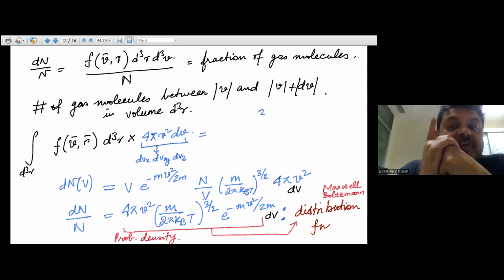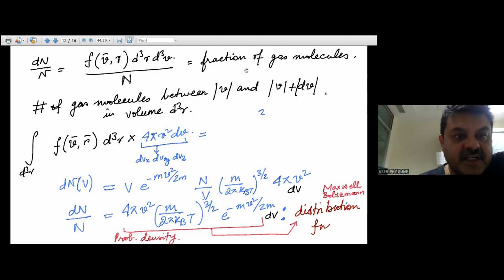R vector, v vector, where it is implied the velocity is between v and v plus dv. The position is between r vector and r plus dr vector. So I'm just repeating this. So this was the number of gas molecules.